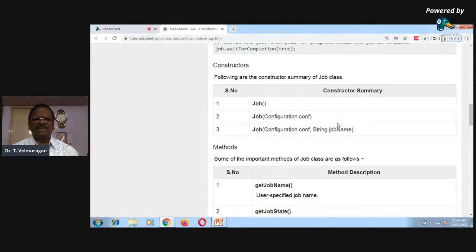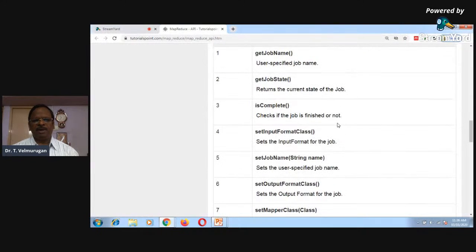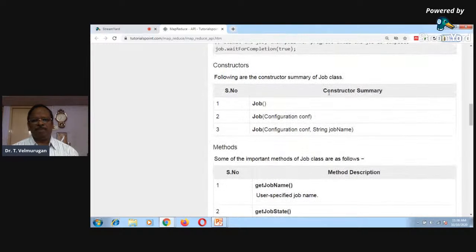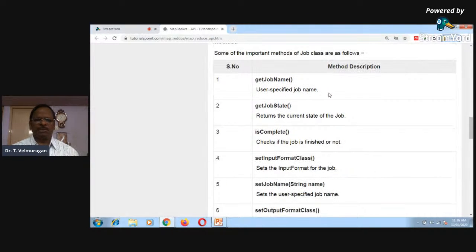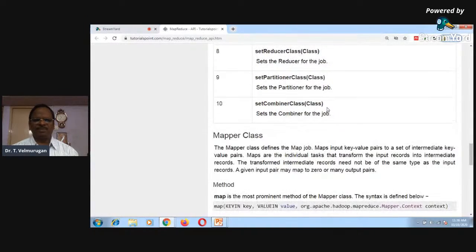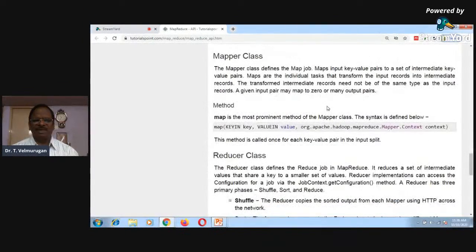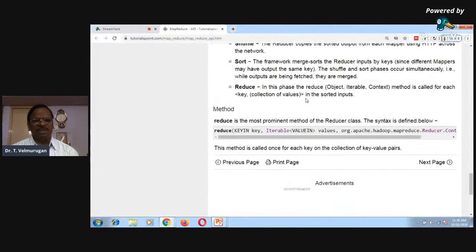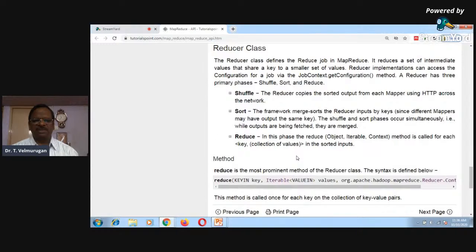We can utilize constructors and destructors, like in C++ and Java functions, in mapper and reducer. User-defined methods are available to utilize the Job class in mapper and reducer tasks, such as getJobName and getJobState. The Mapper class and Reducer class have methods for shuffle, sort and reduce.